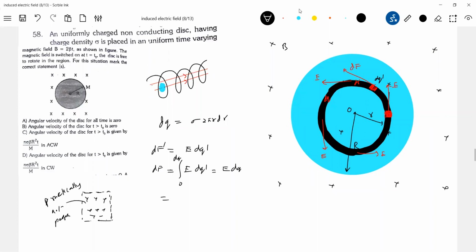What is E? How to calculate E? We don't know E, no? So what is the formula? Okay, I'll take you back to the earlier one, what we did. For a solenoid, what is the magnitude of the induced electric field at a distance r from the axis of the solenoid, inside the solenoid?